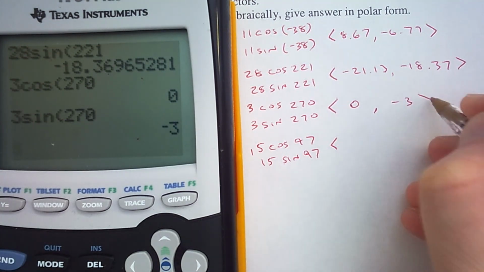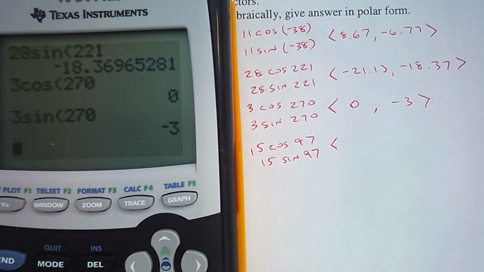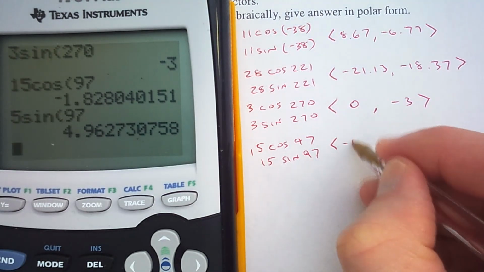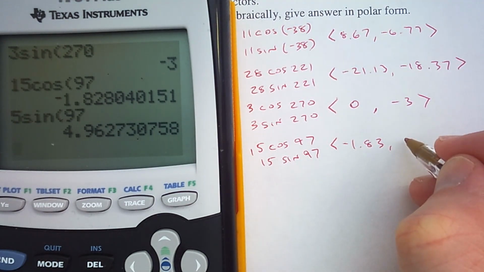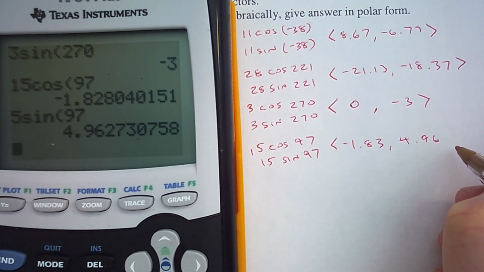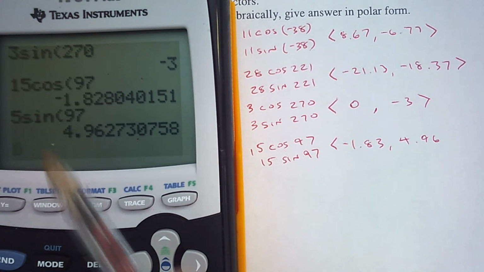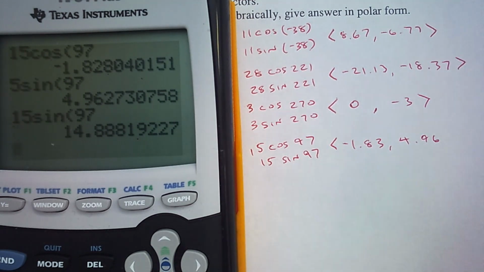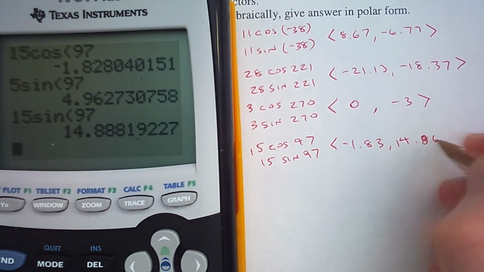So I have 0, negative 3. And last I have 15 cosine 97 and 15 sine 97. So I have negative 1.83, and that is not right. That should be a 15. 15 sine 97, 14.89.